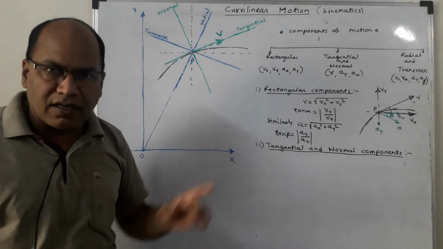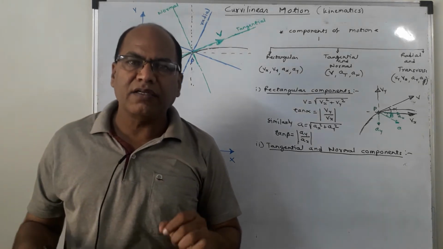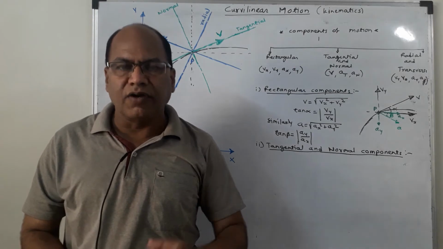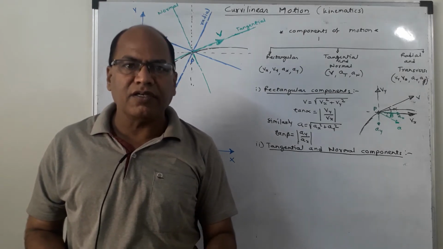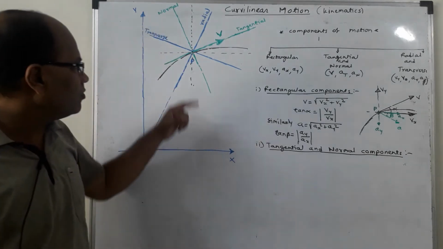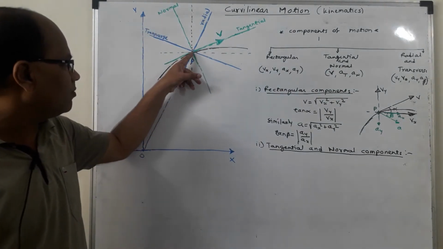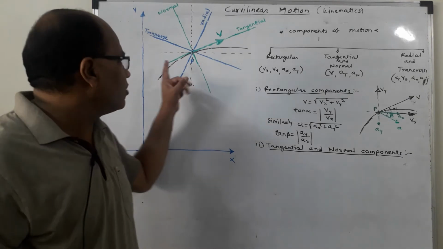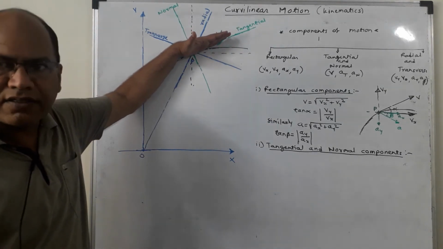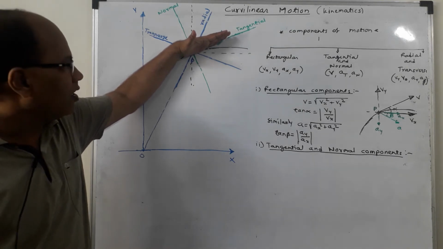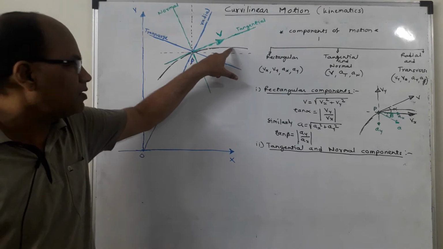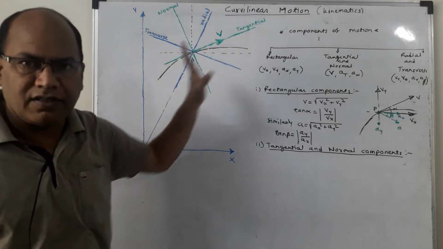So again, in case of curvilinear motion, one thing you should always keep in mind is that the velocity in curvilinear motion is always along the tangent. So if I want to know the direction of velocity at position P, I will have to simply draw a tangent there, and the velocity will be directed along the tangent at position P. If I want to know the direction of velocity at another position, say P dash over here, I will have to draw a tangent.